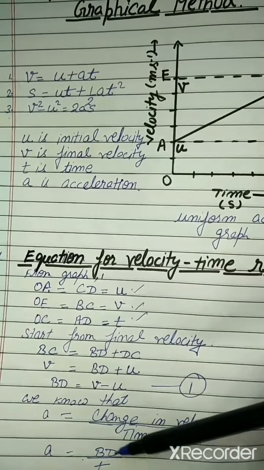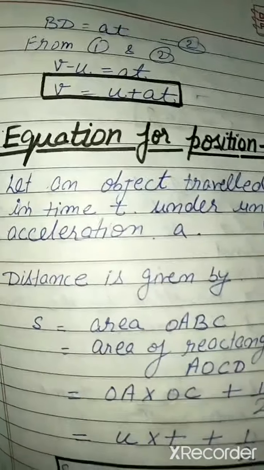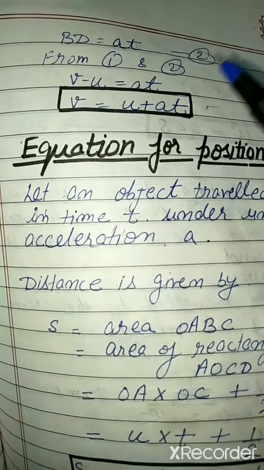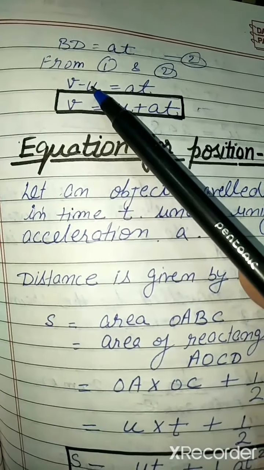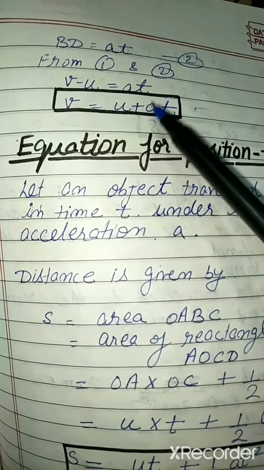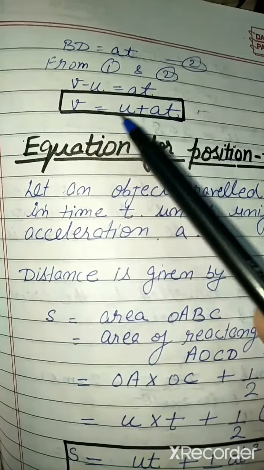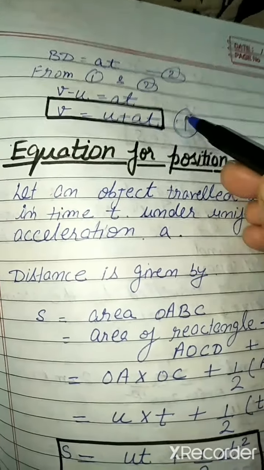So from here BD equals at, right? So from equation number 1 and 2, BD equals v minus u and BD equals at. So they are equal. So here comes v equals u plus at. That is the first equation of motion.